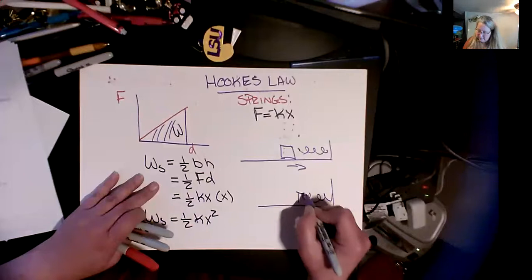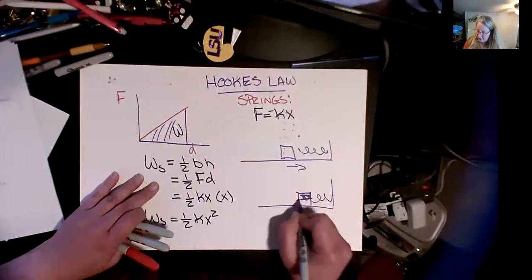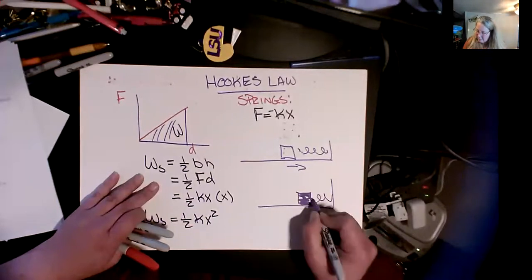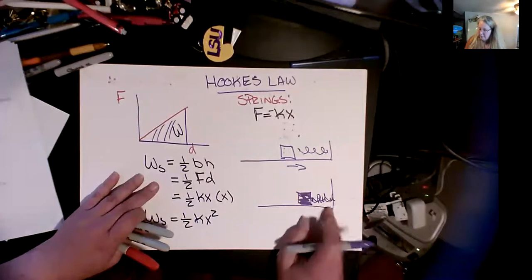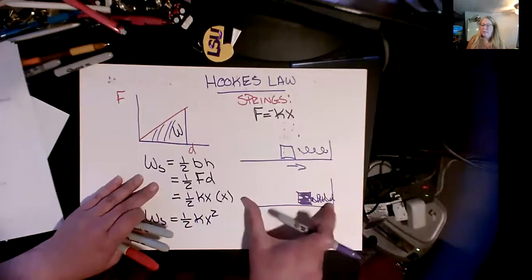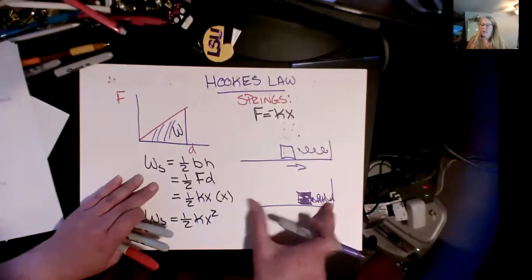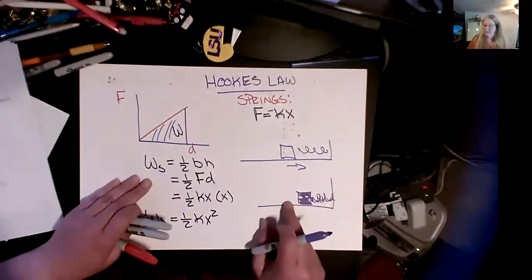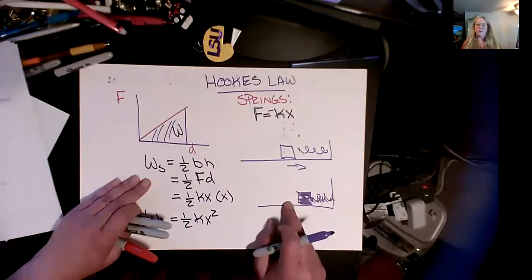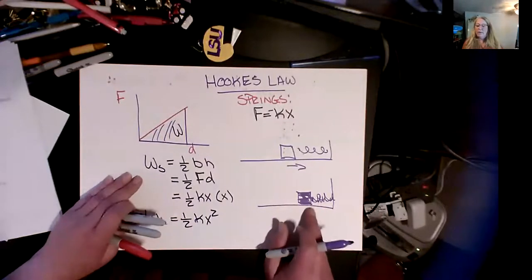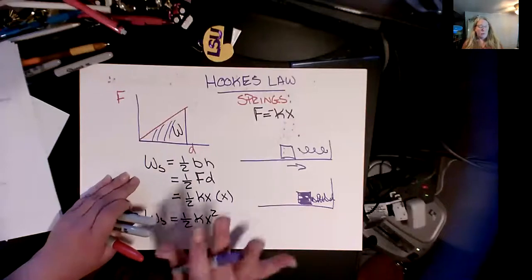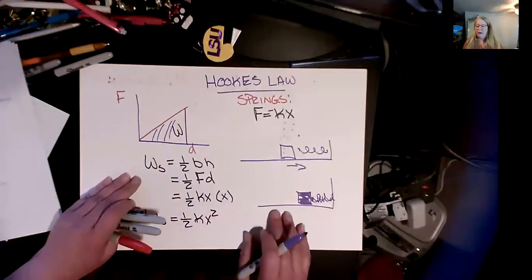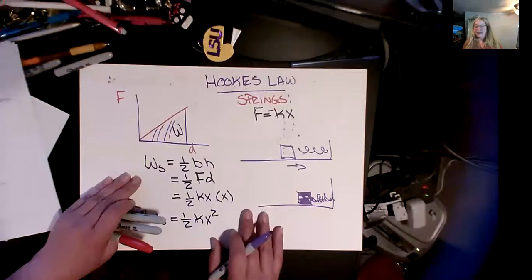If I have the reverse, where my box is, here we go, let's shade it in, my box has now compressed the spring. So there's springiness in here, and the spring is going to push it out. Here, the spring is going to do work on the box. It's going to add energy to it. So then I would make the sign, or however, we'll talk about conservation in the next video, appropriate to having energy added in.